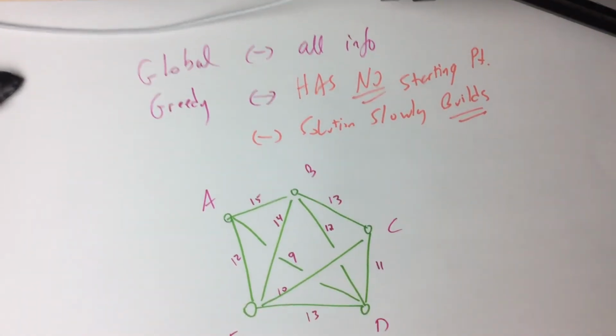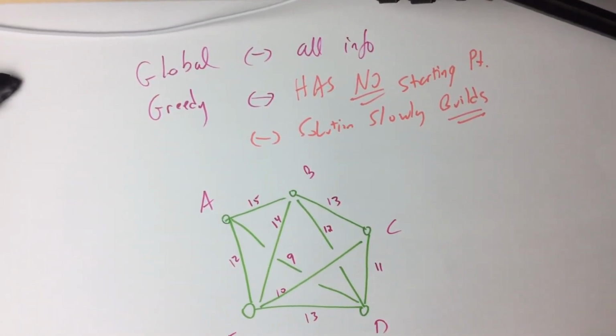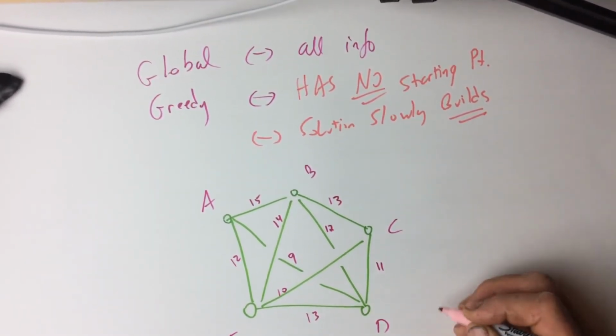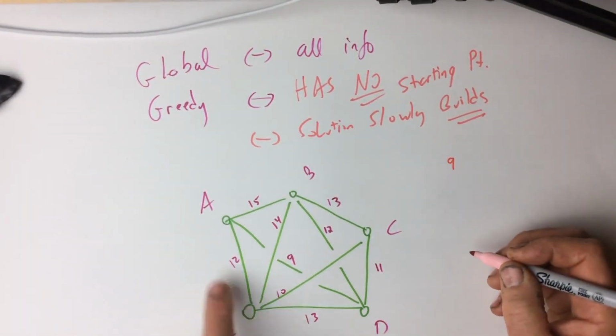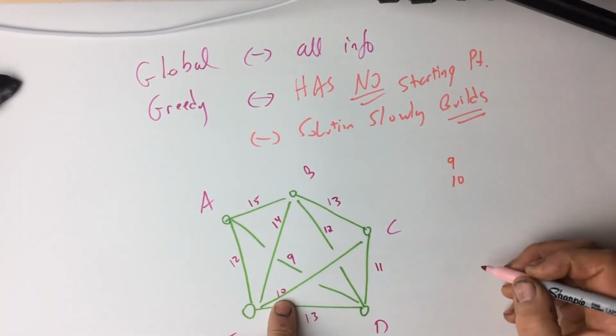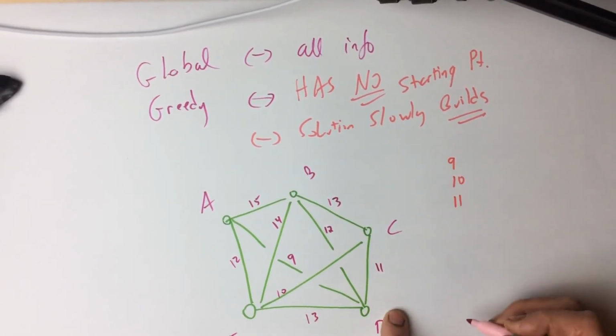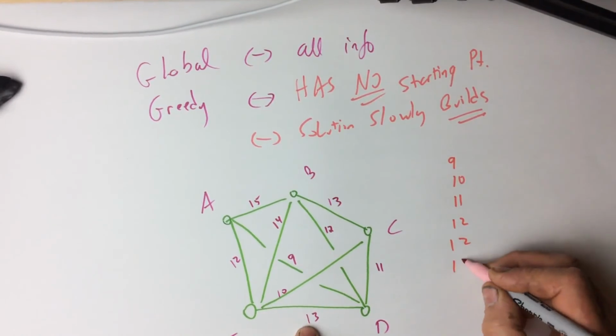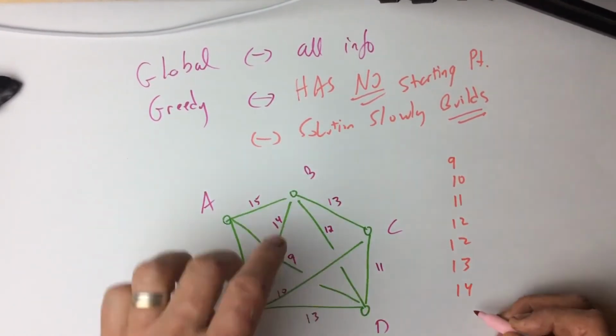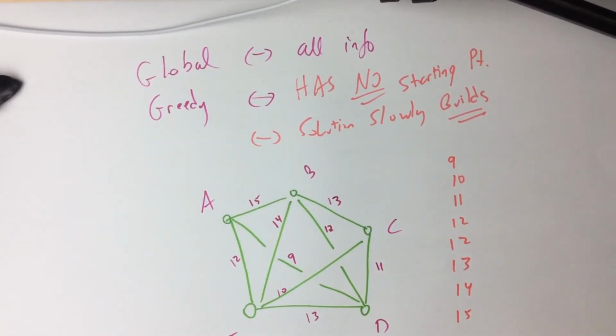And now this global algorithm says, let's pick the least edge and use it. So I'm going to order my edges. There's an edge 9, 10, 11, two 12s, two 13s, a 14, and a 15.